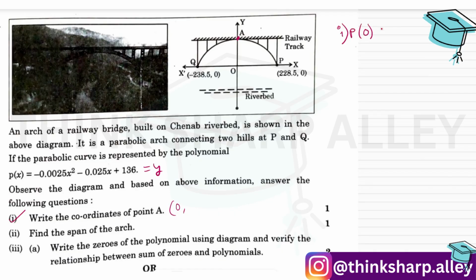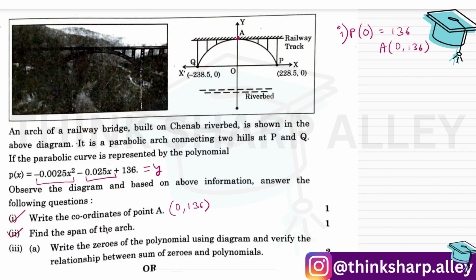That means we have to find p(0). Now when x is 0, this term and this term get eliminated. It becomes 0, right? Because 0 into anything is 0. We are left with only 136, which means y's value is basically 136. So the coordinate of point A is (0, 136). So we are done with this.